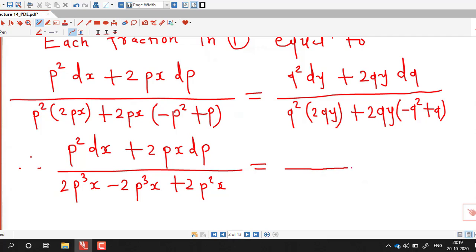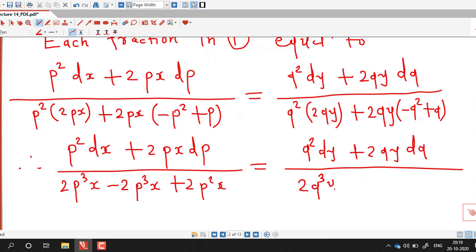This equals q square dy plus 2qy dq. This is 2q cube y minus 2q cube y plus 2q square y.